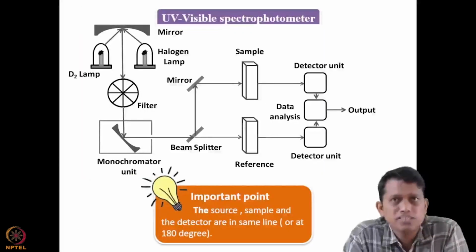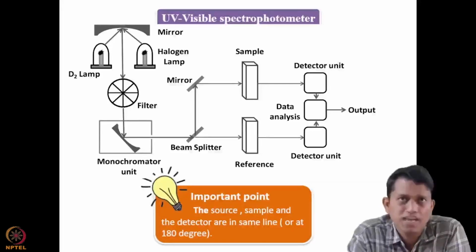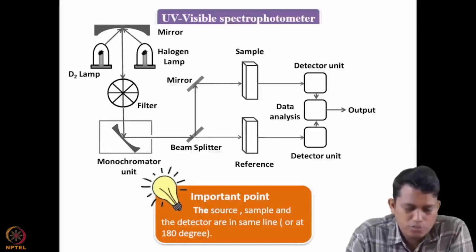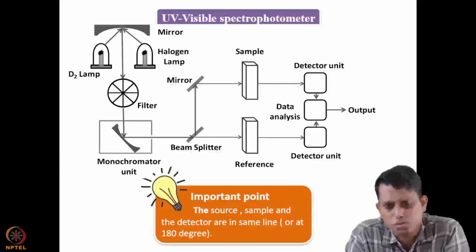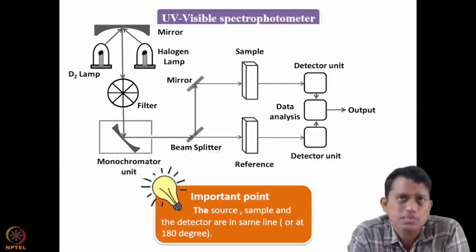But before that, we'll just see this setup. This is, I think, very well known to you, how we measure UV visible absorption. We have a cuvette in which we can put our analyte, and this is the double beam UV spectrophotometer, in which a monochromatic beam is split into two parts, and one goes through the reference. The reference is everything except the metal ion or analyte that I want to use.